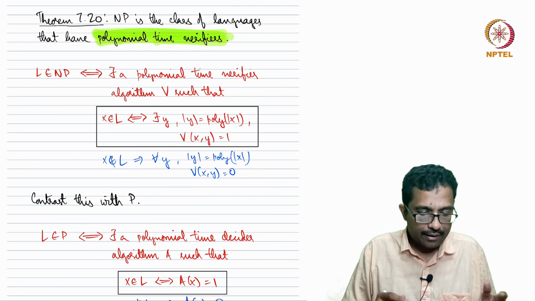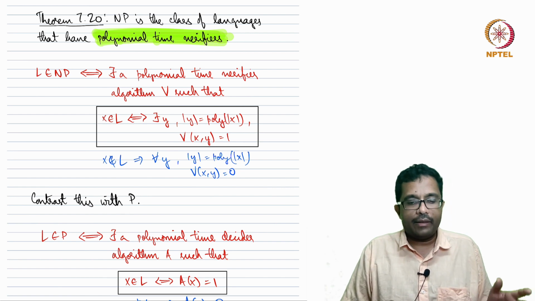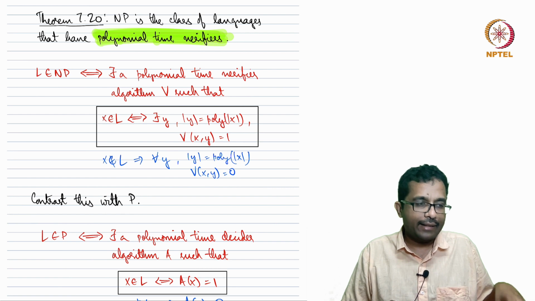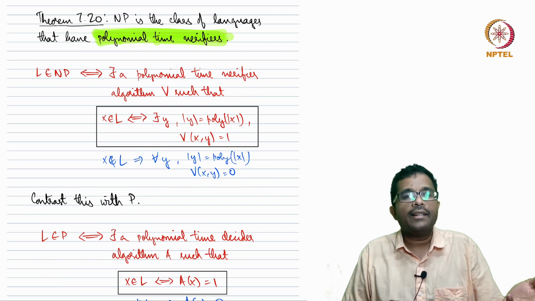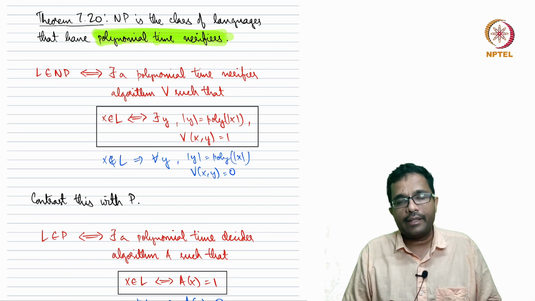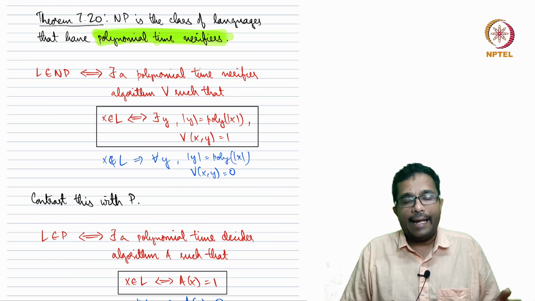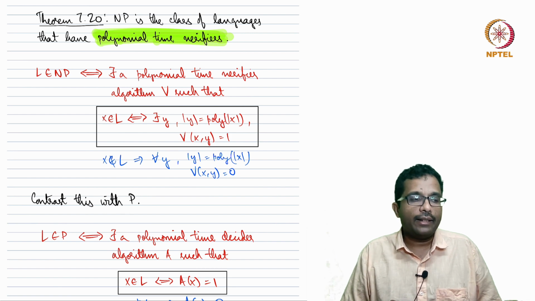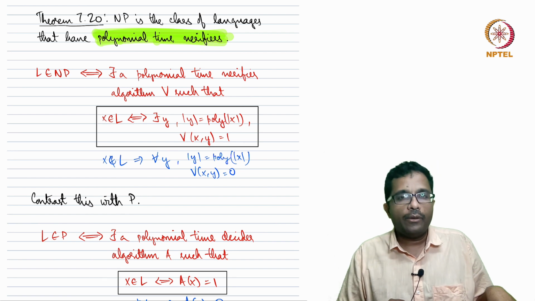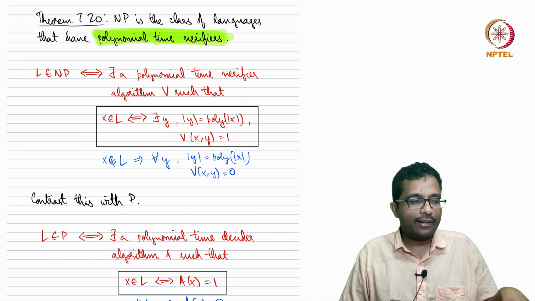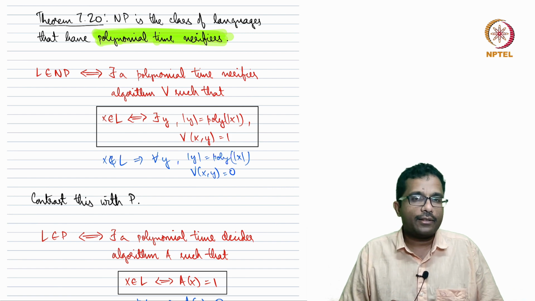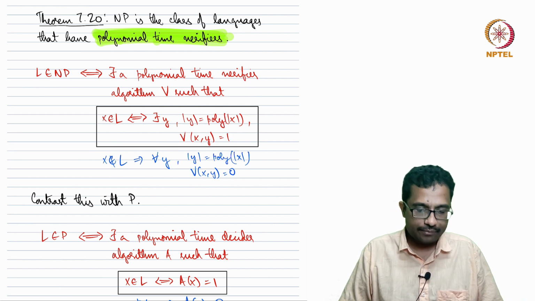So for instance, if L is the class of 3-colorable graphs and x is a 3-colorable graph, then y is a 3-coloring that helps us verify that the graph is 3-colorable. If L is the class of satisfiable Boolean formulas, then x is a specific satisfiable Boolean formula, and y is the satisfying assignment that we can use to verify that x is in the class of satisfiable Boolean formulas.